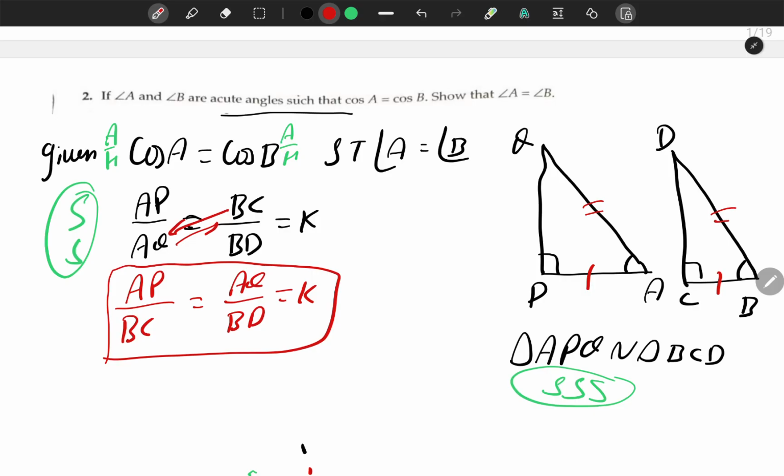Those ratios are equal to K. So for the remaining third side, PQ by DC will be equal to K. We need to show this. If PQ by DC is equal to K, all the three sides ratios will be equal. By SSS we can say that these two triangles are similar. By that angle A will be equal to angle B.